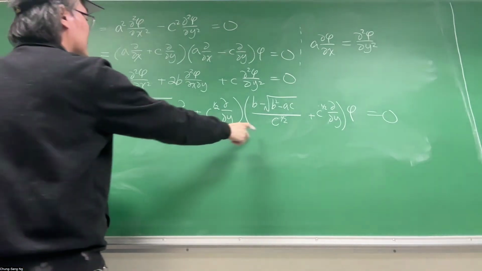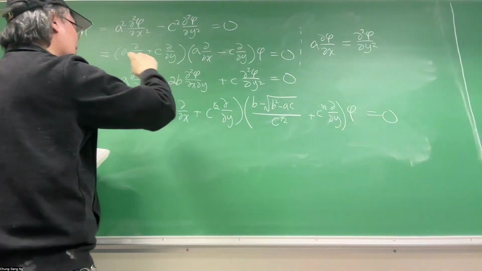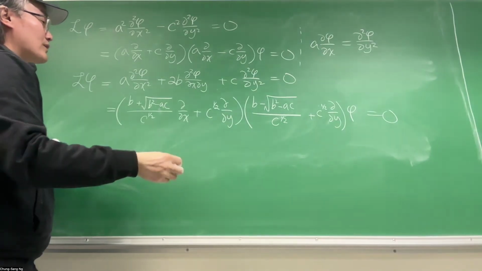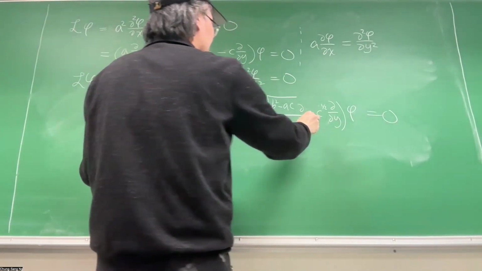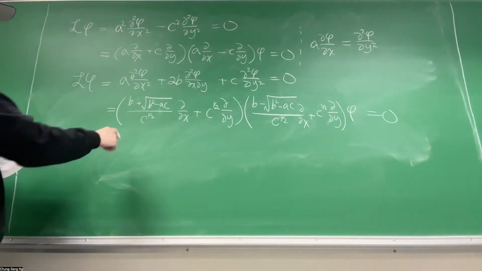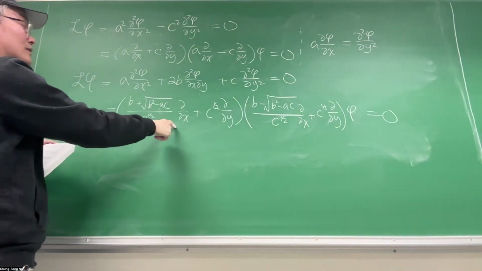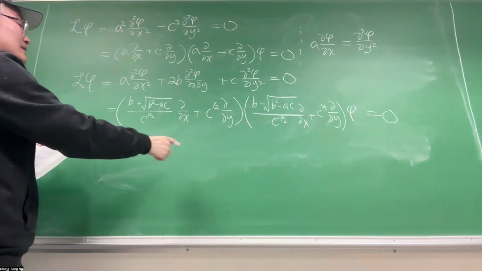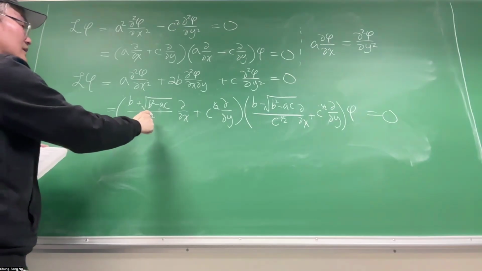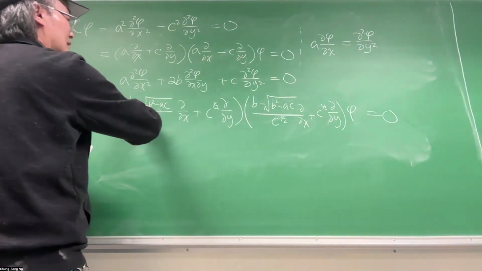Again, to check whether this is the same as that, one way to do it is just, I forgot this part. Just treat this like a variable, because these are assumed to be constant coefficients, and then just multiply together this times that, and work out the product.